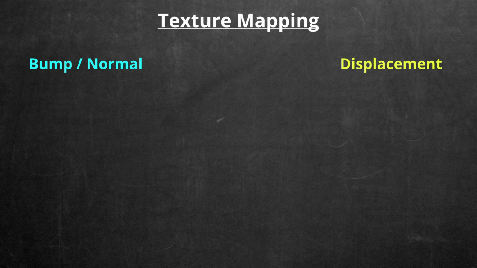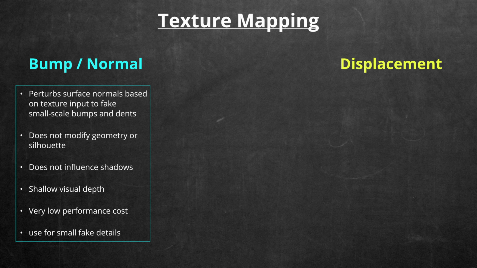So the classic texture mapping methods that we have are of course the bump, normal, or the displacement. The bump or normal method perturbs surface normals based on a texture input to fake small scale bumps and dents. Bump uses a grayscale input, whereas normal, which is the newer and more accurate method, uses the one with the funky colors.